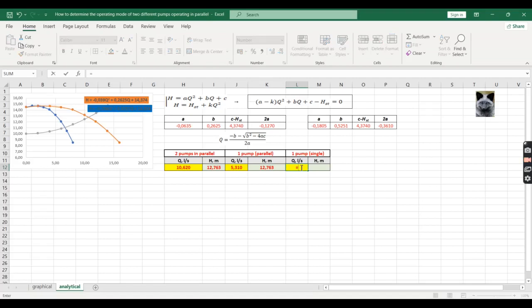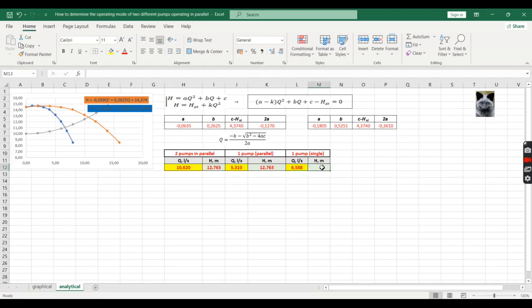So we have to put minus B squared minus 4 times the multiplication of A and what we call C. We have to put it at the relevant rate, close the brackets, and finally divide by 2 times A. So here it is. This is the flow rate in case a pump operates individually in the pipe system.